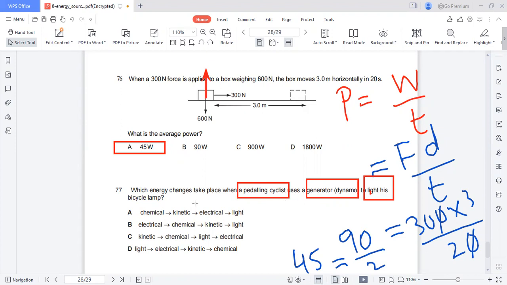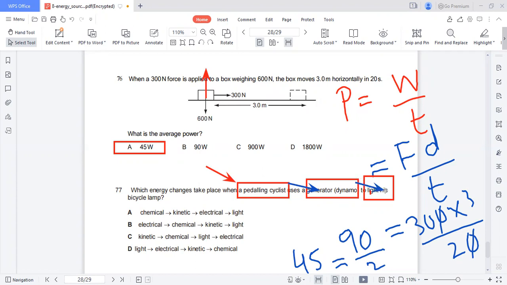So initially we will have chemical energy. First chemical energy is converted into paddling, meaning kinetic energy. Kinetic energy is then given to the generator, which will convert that kinetic energy into electrical energy.